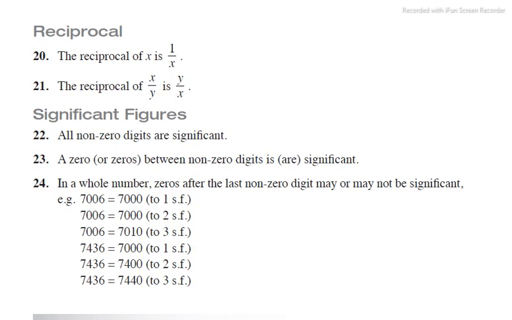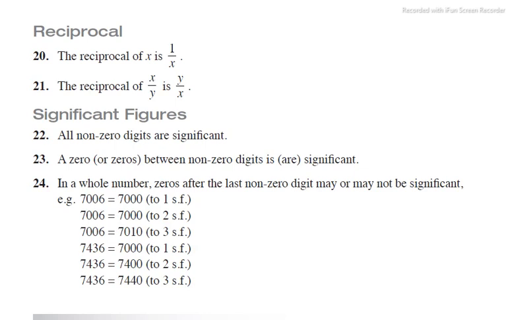For instance, we are given to write 7006 to one significant figure. So that means we are going to round off the 6 to the nearest thousand, which is almost 0. So that gives us 7,000.